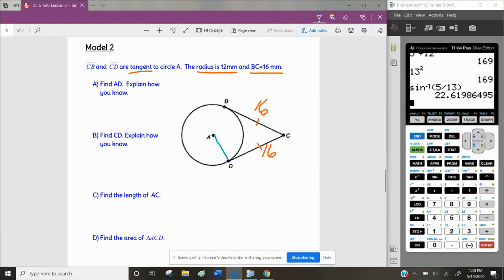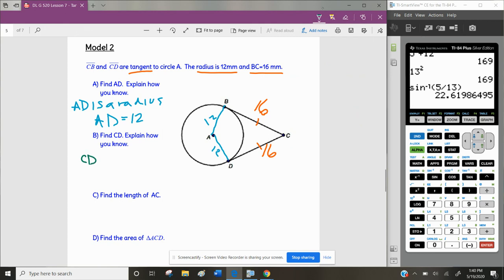So if I draw AD, that's a radius. AD is a radius, and they told us that the radius is 12. And I'm going to draw another radius, AB, and I'm also going to label that 12. Only makes sense, right? So now we're going to find CD, which I've already labeled on the picture based on what they gave me at the beginning.